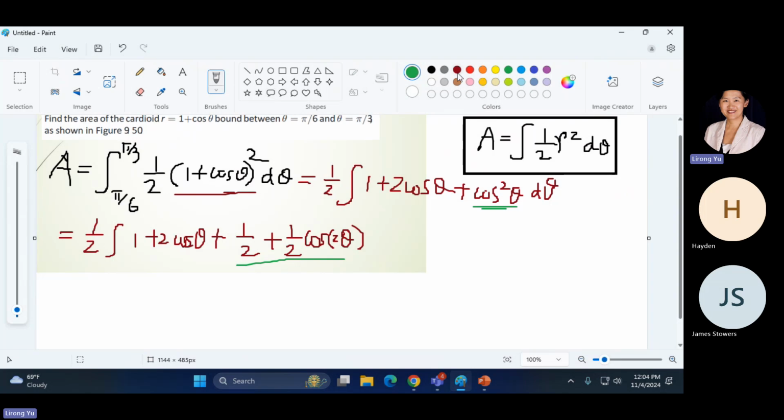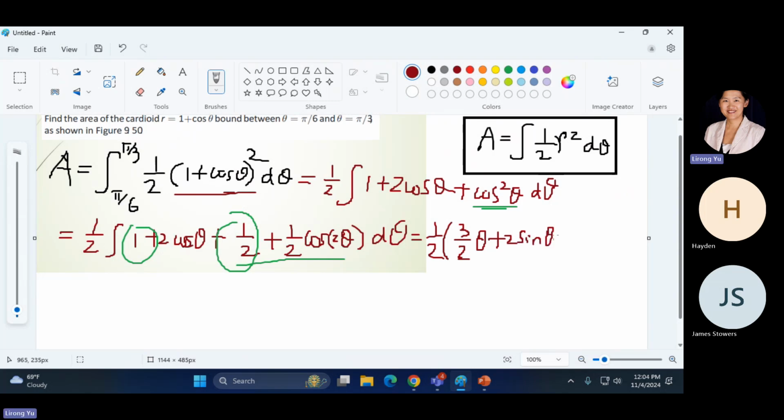And now once they are all ready, we can find the antiderivative. If you want, you can combine the 1/2 with the 1. These two combine, so the calculation will be 1/2. The 1 plus 1/2 is 3/2. If you integrate 3/2, you get 3/2 theta. The 2 cosine theta integrates to plus 2 sine theta.